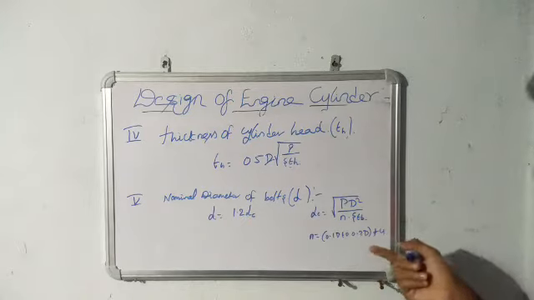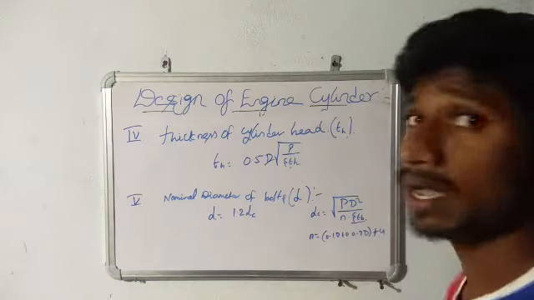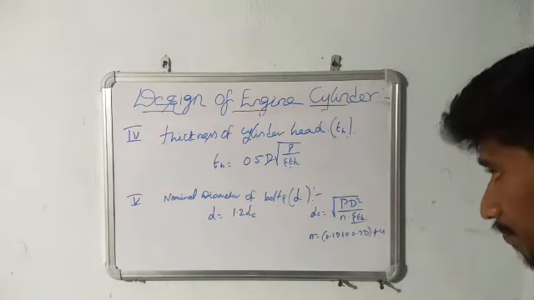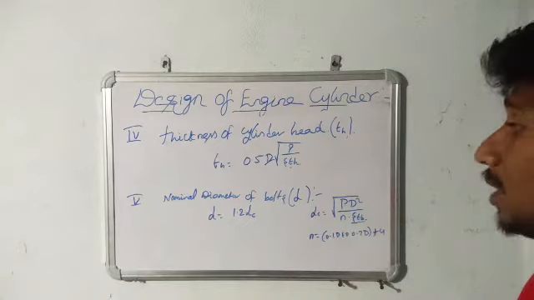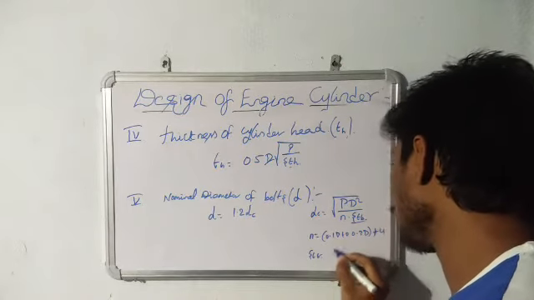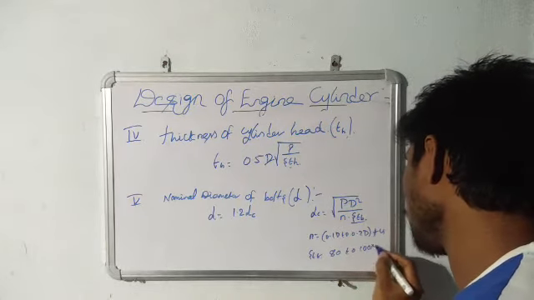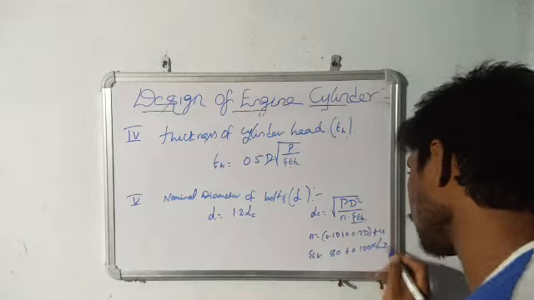By this, we get the number of bolts. And STB is the allowable tensile stress developed in the bolts. This is also a standard value, considered in the range of 80 to 100 Newton per mm square.